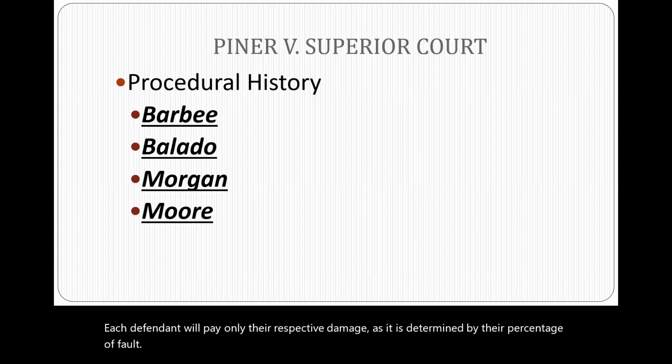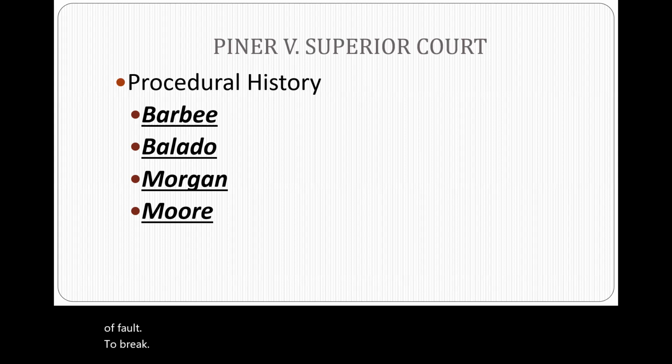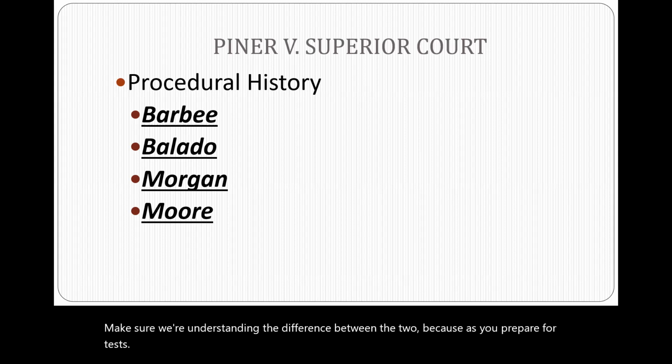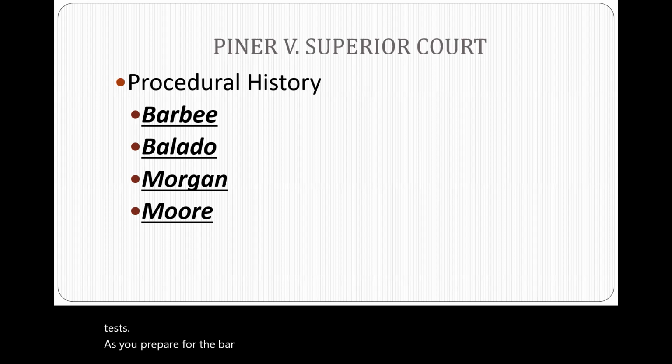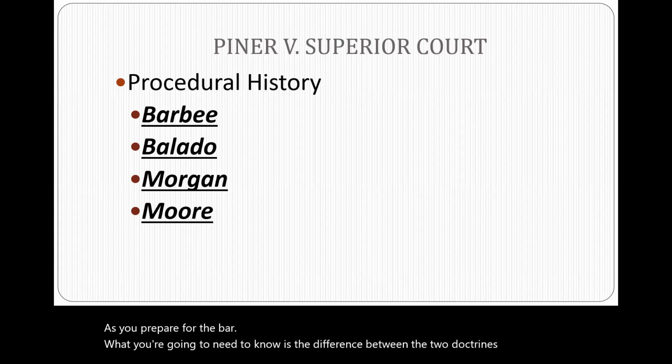Take a break. Make sure we're understanding the difference between the two, because as you prepare for tests, as you prepare for the bar, what you're going to need to know is the difference between the two doctrines, okay?